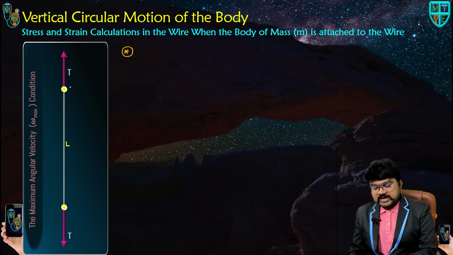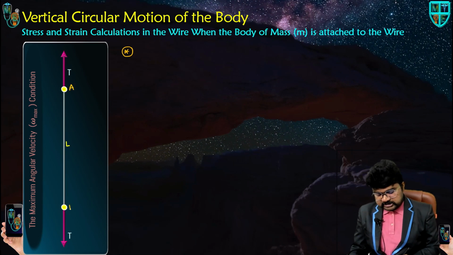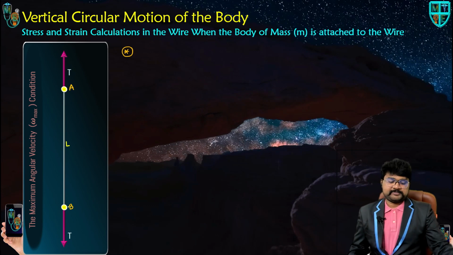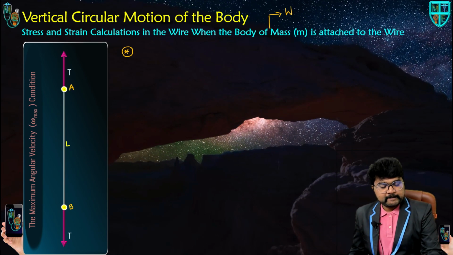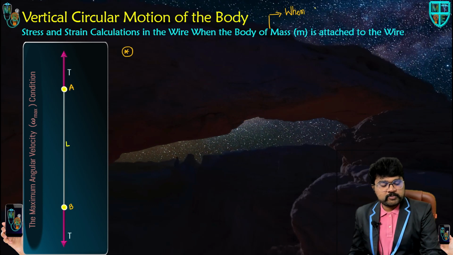Here A is here, B is at the bottom of the circular path.